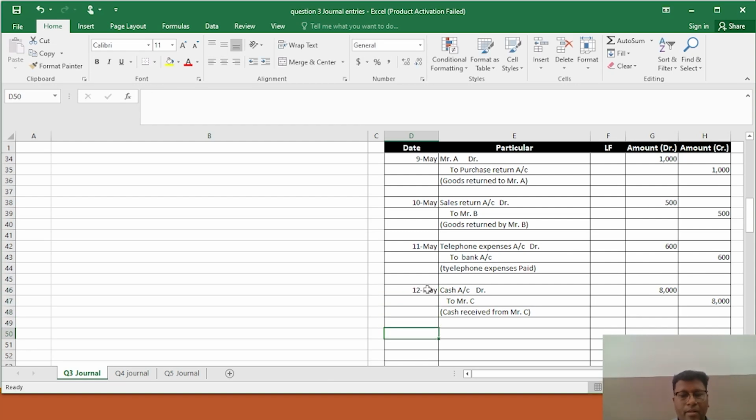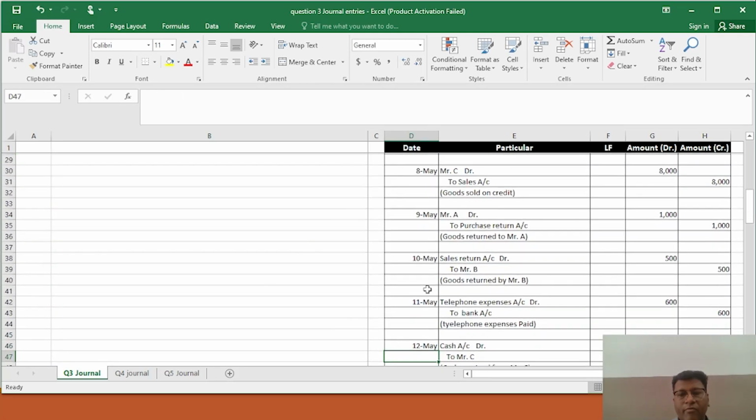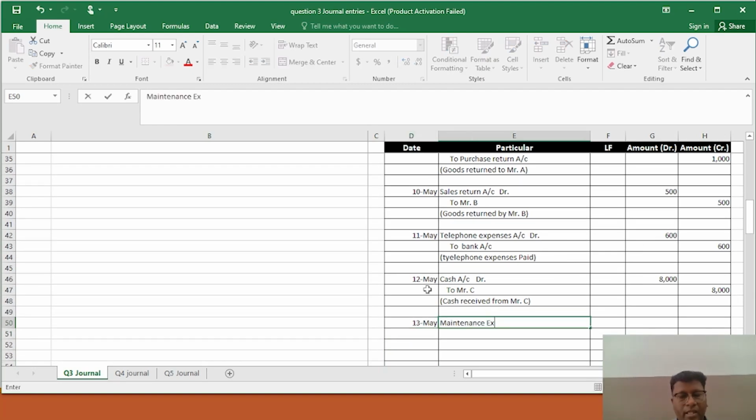Okay, and May 13. If you consider the transactions, you will find that paid for maintenance expenses in cash. So this is again a cash expense, so you have to mention the maintenance expenses account debit to cash account, right?